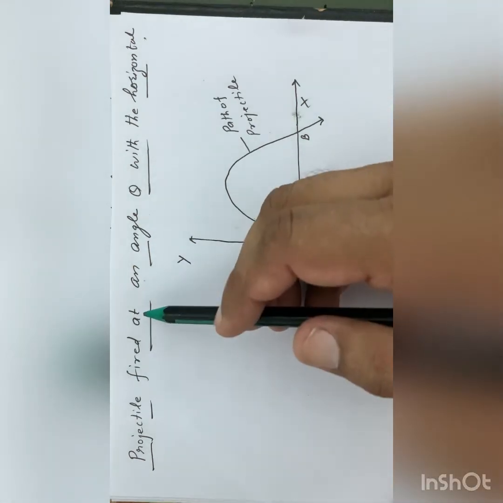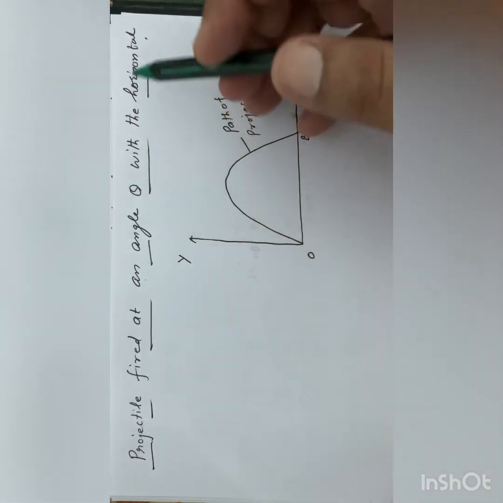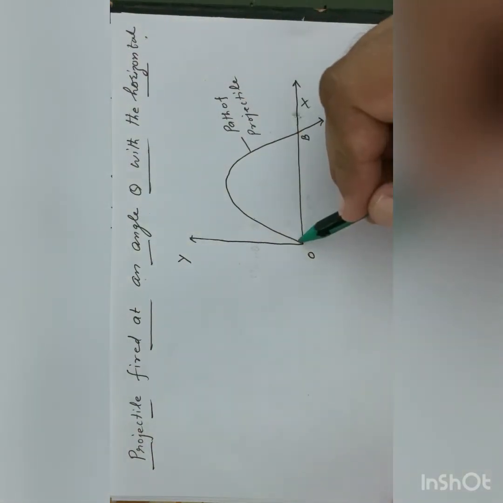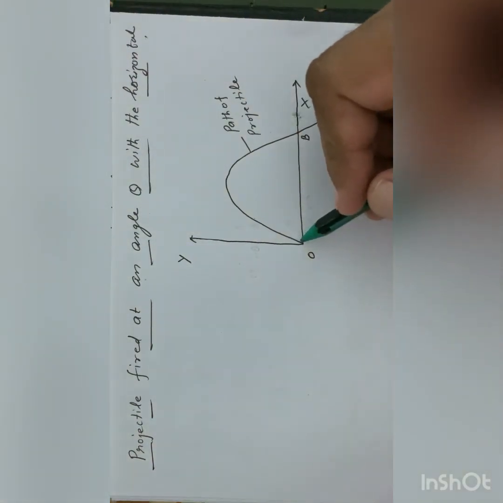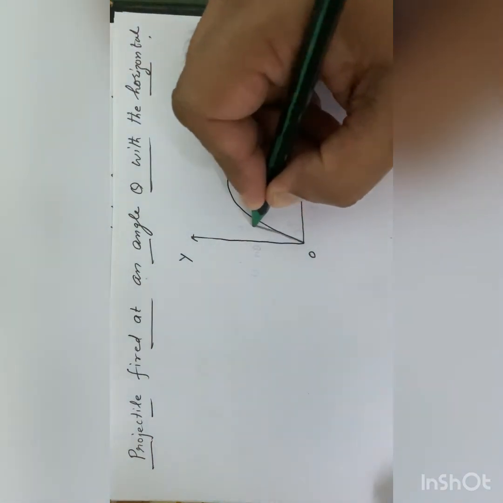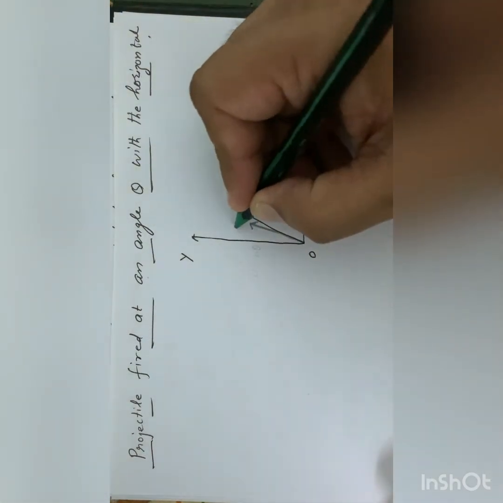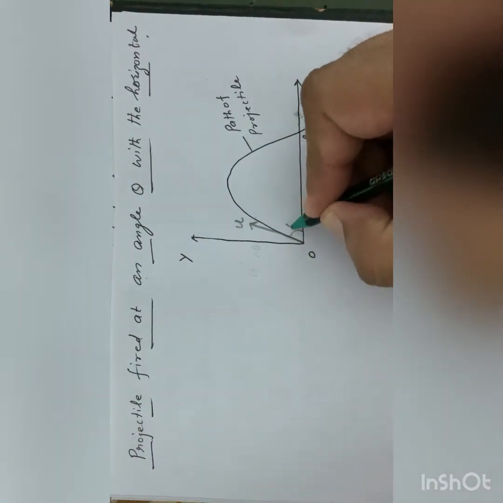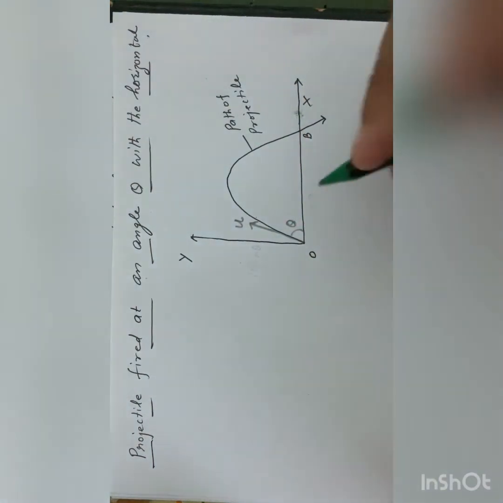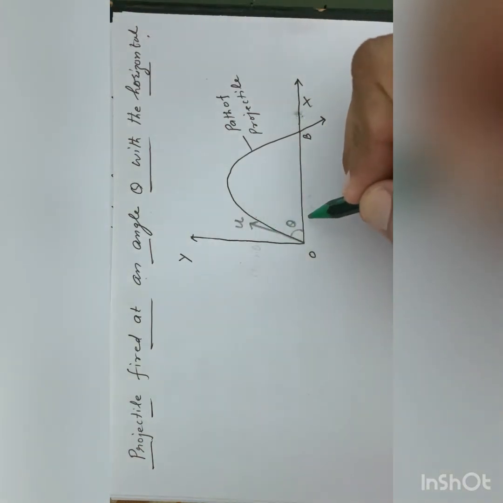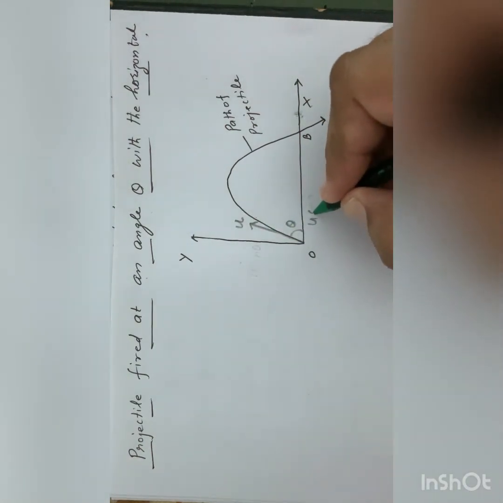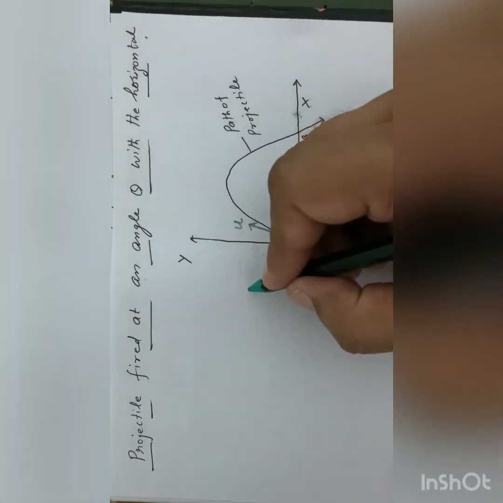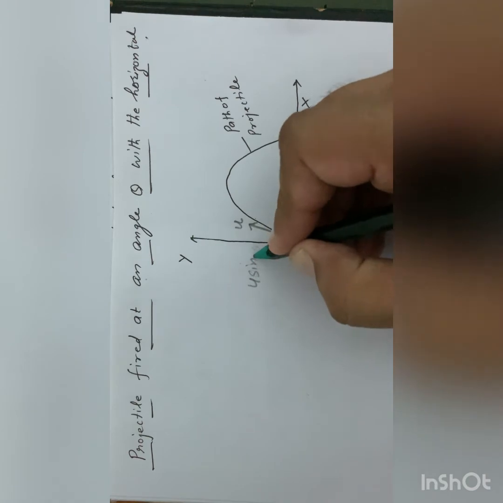Projectile fired at an angle theta with the horizontal. Suppose a body is projected with initial velocity u, making an angle theta with the horizontal direction. Now the component of this velocity along this direction is u cos theta, and in the vertical direction, it is u sin theta.